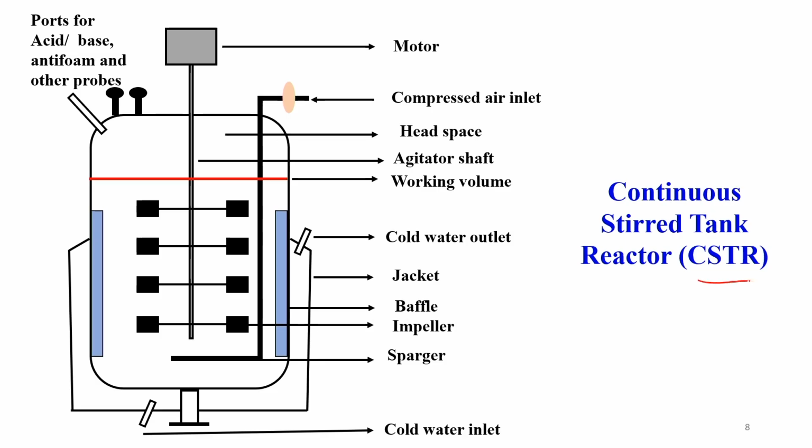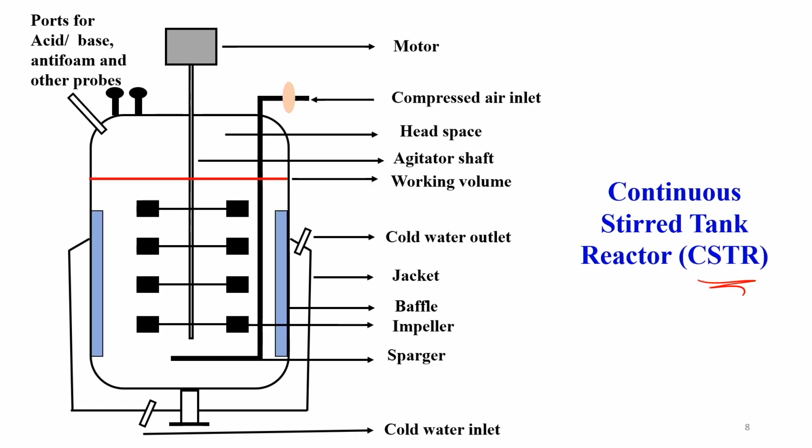The CSTR we will not be discussing in detail here because we have briefly talked about it, and more detail about the CSTR will be discussed in the next module, where we will be discussing the aeration part.